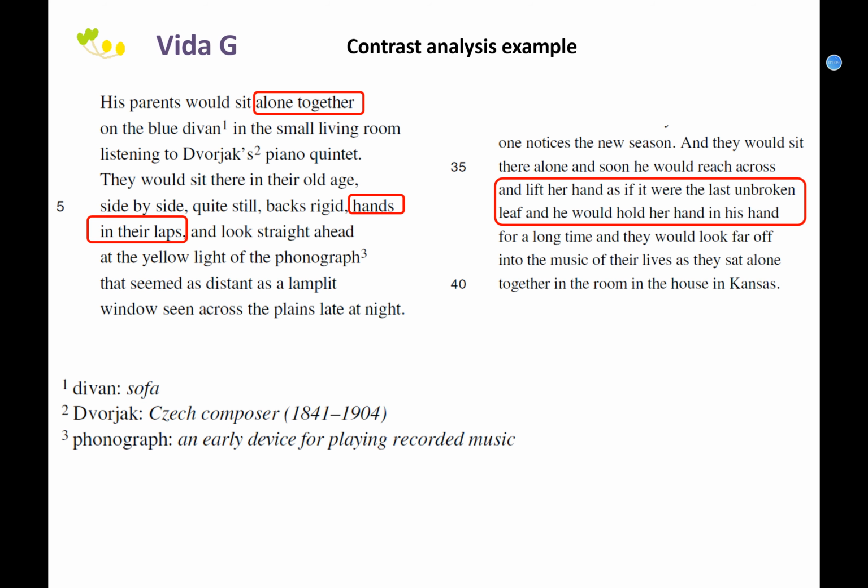But at the end of the poem, he lifted her hand as if it were the last unbroken leaf, and he would hold her hand in his hand for a long time, and they would look far out into the music of their lives. So this contrast, the change of the action, means the love between them is as strong as ever. This is part of the theme.